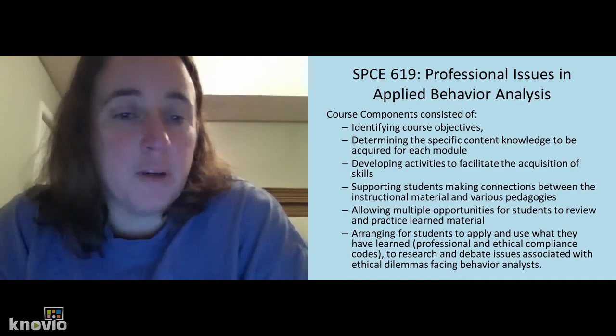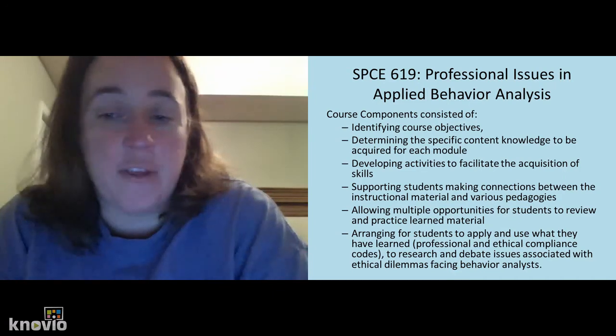So course components consisted of the objectives, the content knowledge, activities allowing you to make connections between instructional material, multiple opportunities for you to review and practice the material, and opportunity to research and debate issues in the ethical debates.